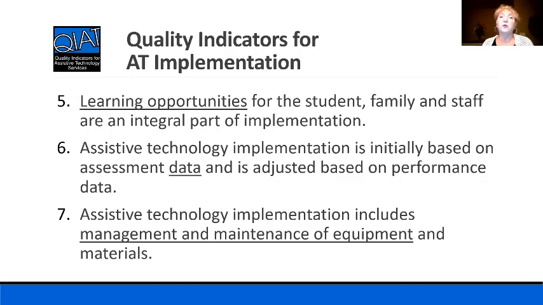Yes, there is a whole area in the quality indicators for assistive technology on professional development, but we want to make sure that's included in the assistive technology plan. Also here in the planning is making sure that assessment data and ongoing data is collected so that changes in plans are evidence-based.